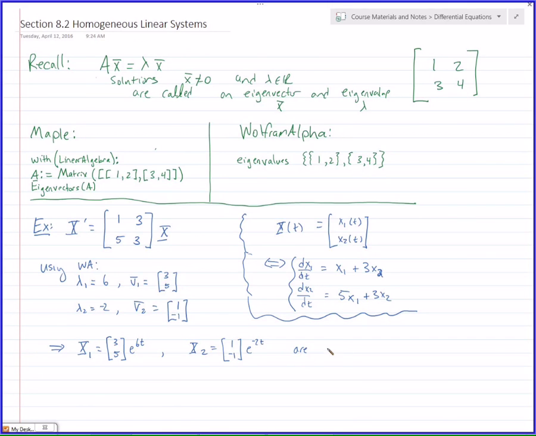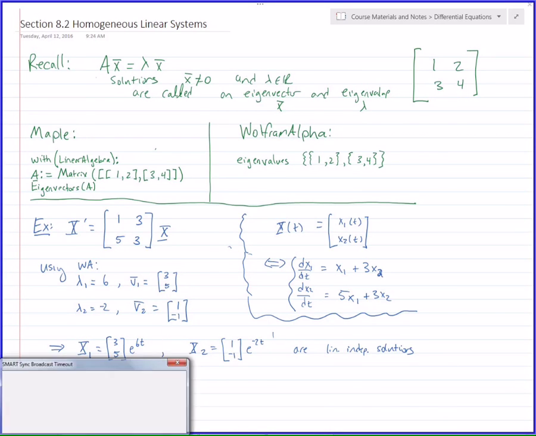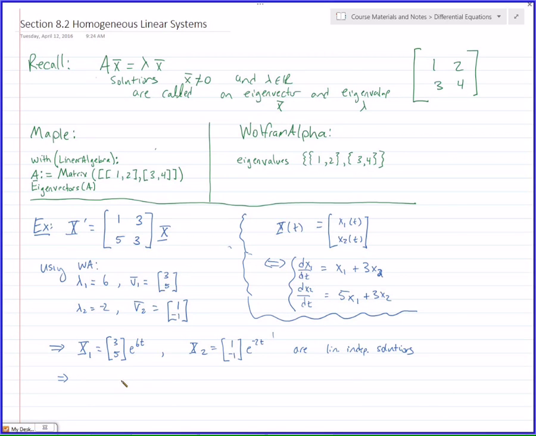Those are linearly independent solutions. And so I would write my general solution as a linear combination of those.